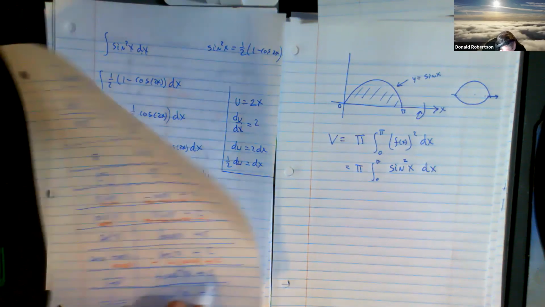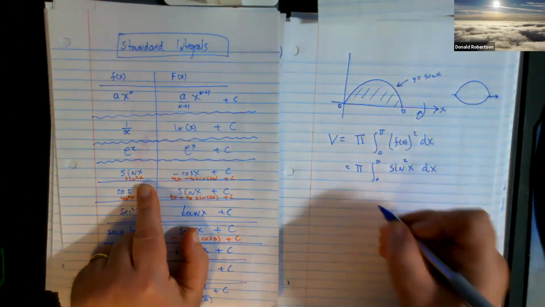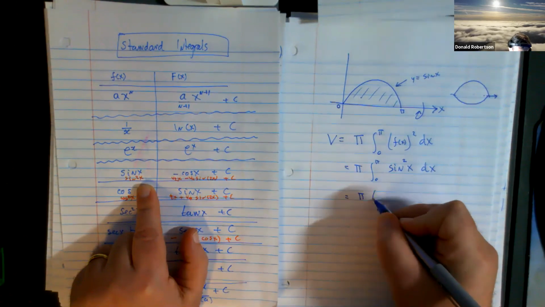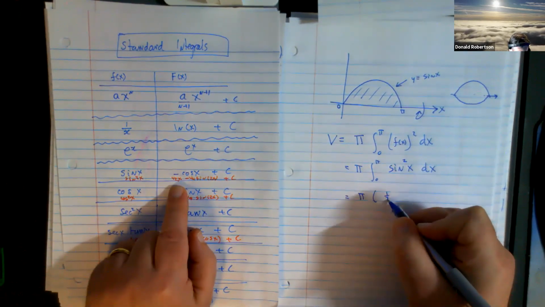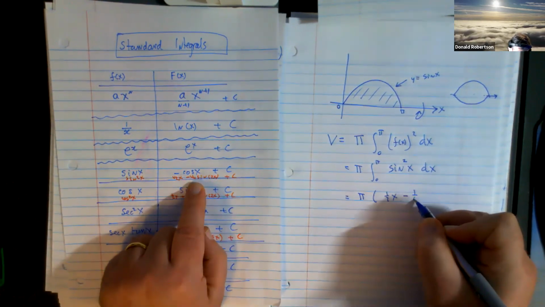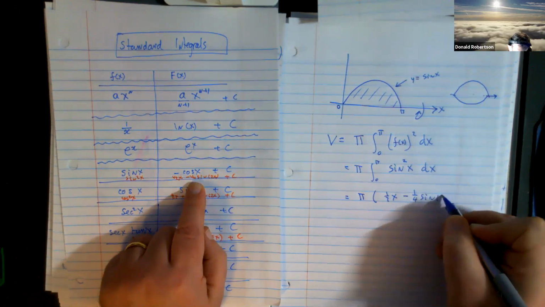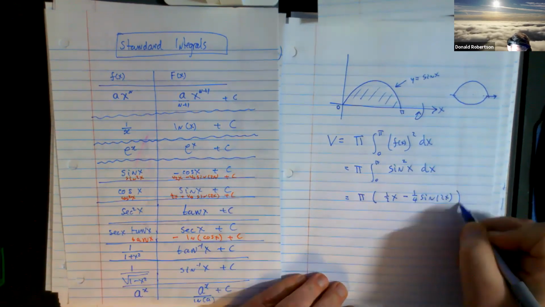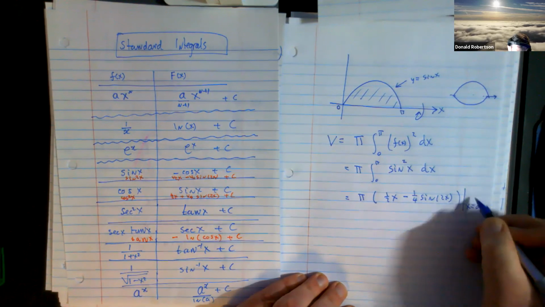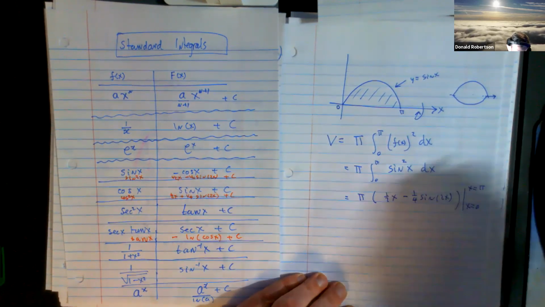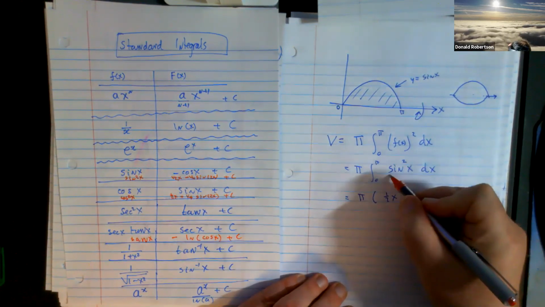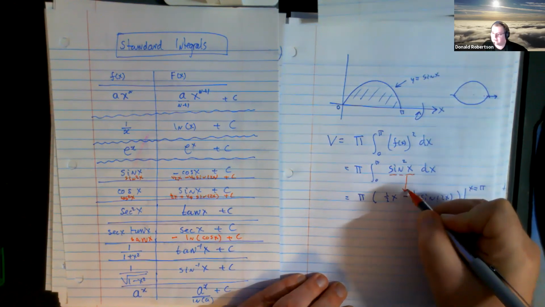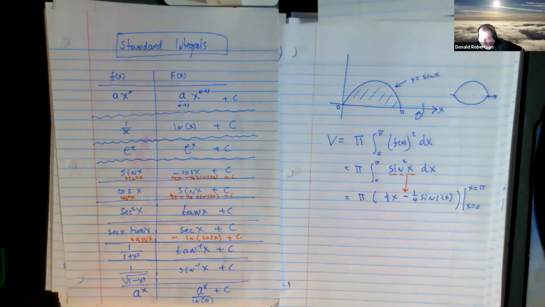And since we've spent some time making our life easy, won't that be pi times 1/2 x take away 1/4 sine 2x evaluated at 0 to pi? Because we already know what that is, right?